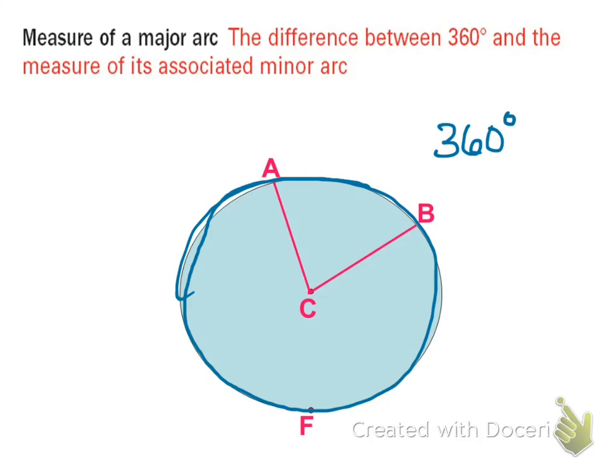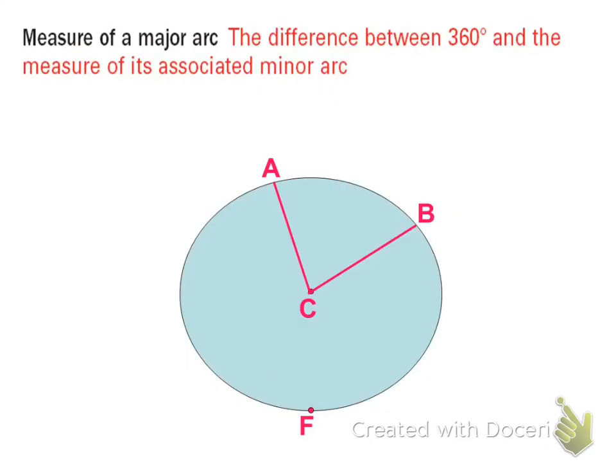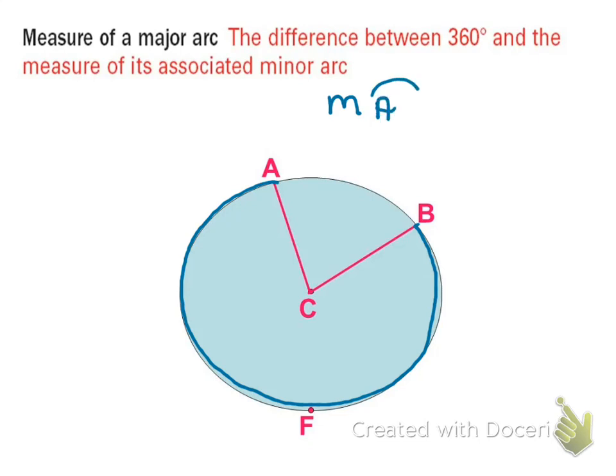So if I wanted to find the measure of, let's say, arc AFB, I would first need to know the measure of the angle ACB. Let's use that 50 degrees again that we used before.